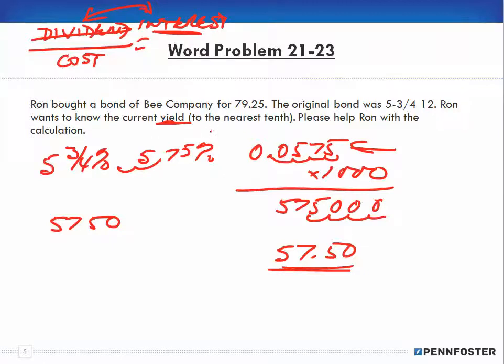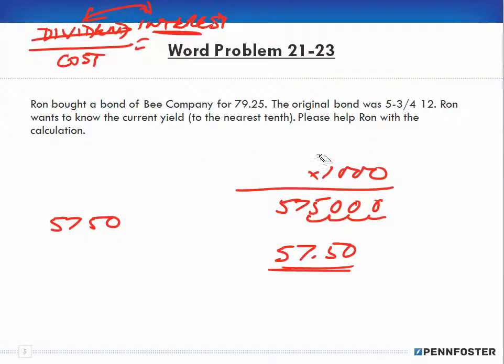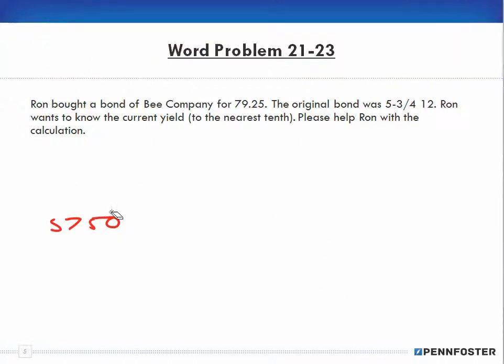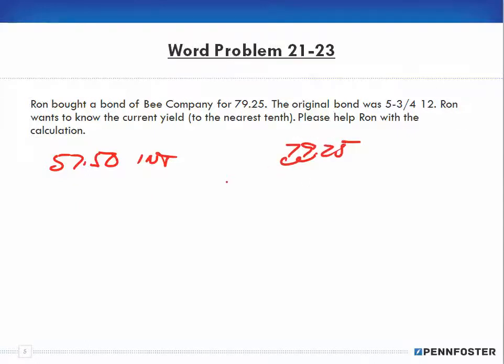Let me erase some of this. So I'm at 57.50 is the interest. Now for the price of the bond, remember at 79.25, and that's a percentage, so I move the decimal place over 2 places.